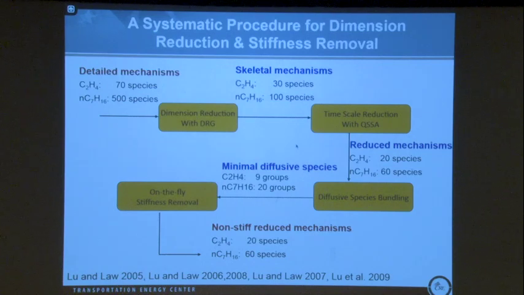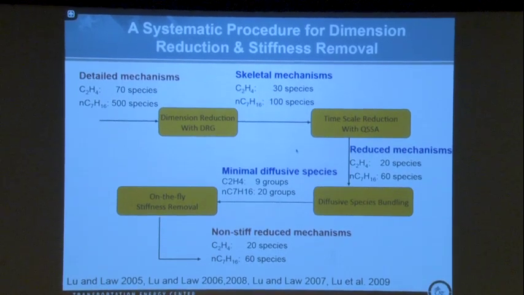And then they apply this DRG or directed relation graph analysis that removes unimportant reactions and unimportant species, and they come up with a smaller skeletal mechanism that might be a half or a fifth the size of the detailed model. They then further apply timescale reduction and with quasi-steady state assumptions to come up with a reduced model that is far smaller. So for ethylene, they were able to get down to about 20 species, and for heptane, the reduction was even greater, so about a tenth of the number of species from the detailed model. So here it was about 50 to 60 species.